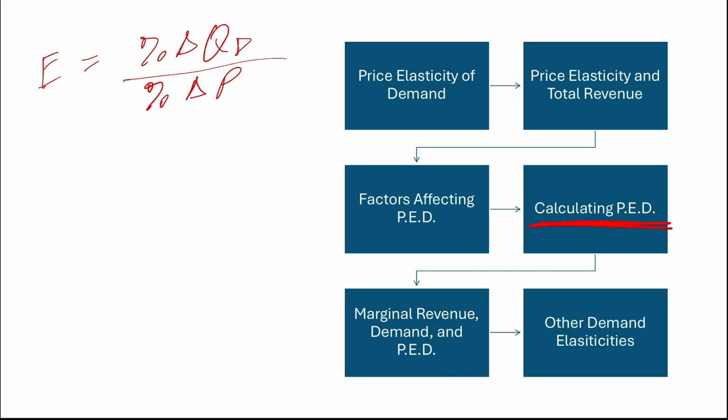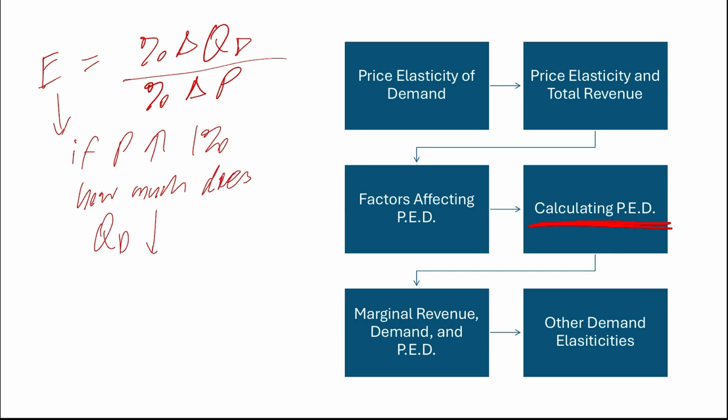But the basic idea of this measure is it's going to tell us if price goes up by 1%, how much does quantity demanded go down? And so if our elasticity is equal to 3, that means that our quantity demanded would go down 3% when our price goes up 1%.